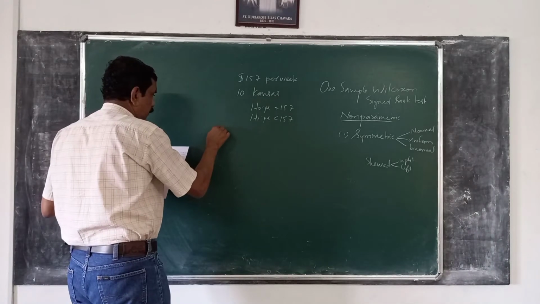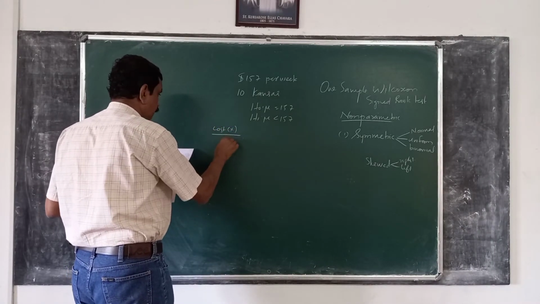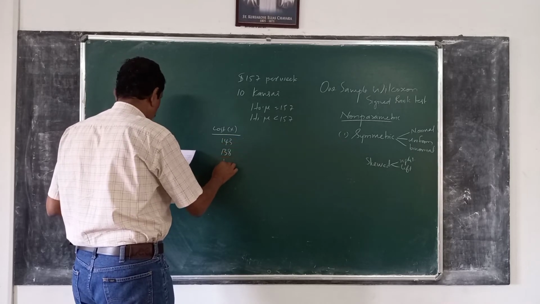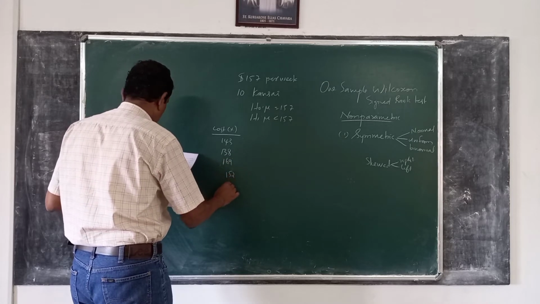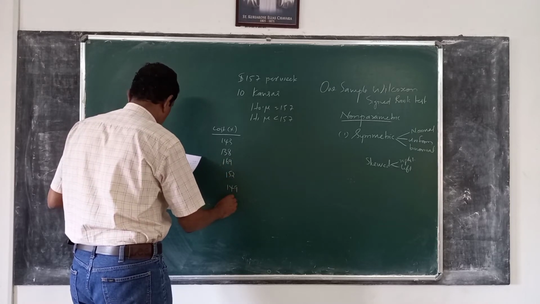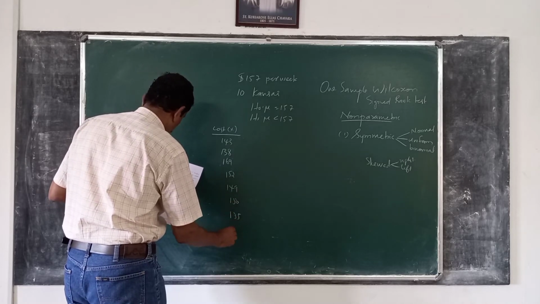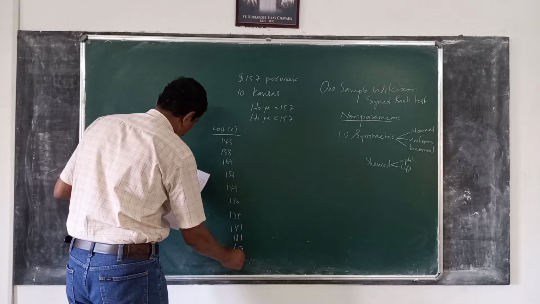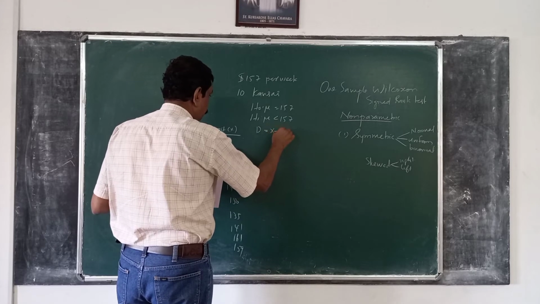Now the cost of 10 families is 143, 138, 169, 152, 149, 150, 135, 141, 161, 159, and D is defined as x minus 157.